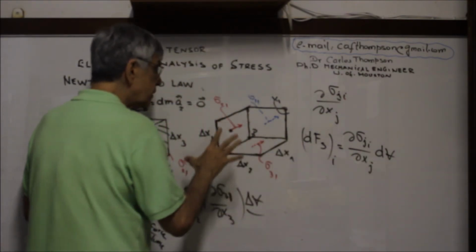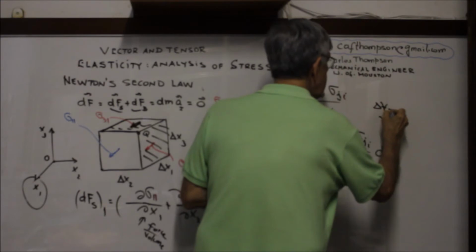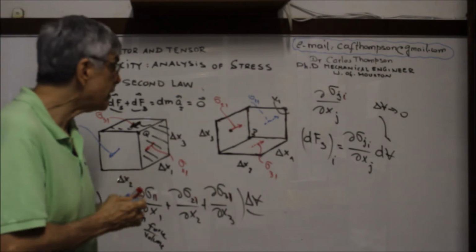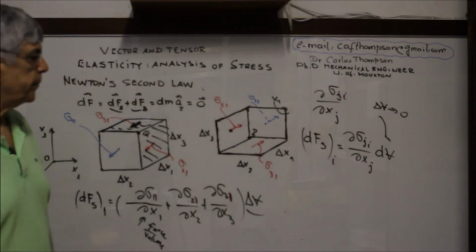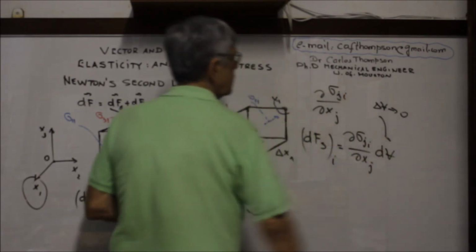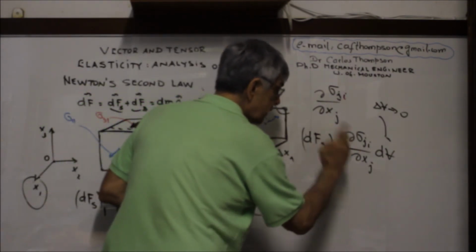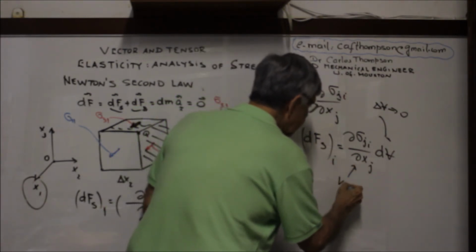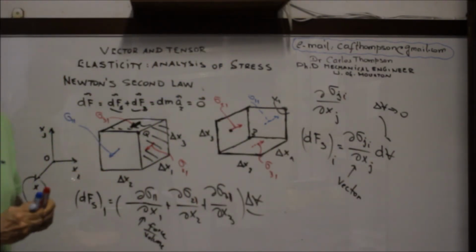Now as delta v goes to 0, this is dv. So this is the surface force at point P, at point x1, x2, x3. Now if you want to work with force by volume, you just take this dv out. So attention, this here is a vector. Why is it a vector? One free index.